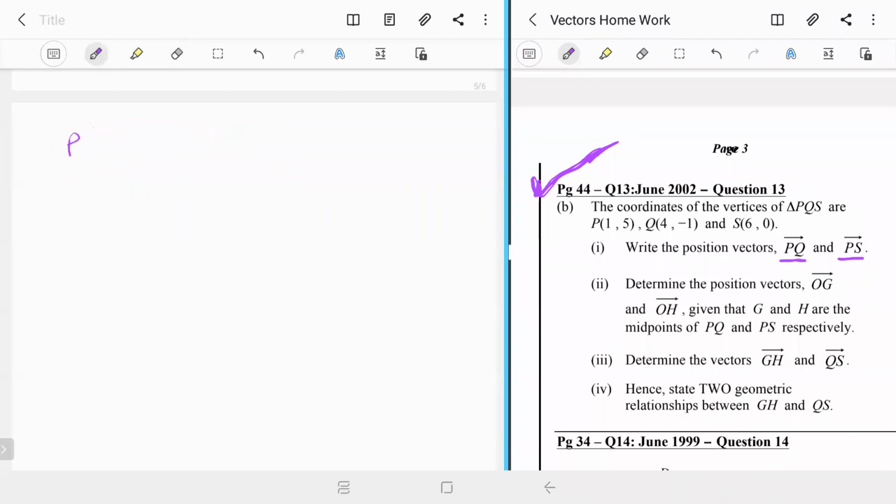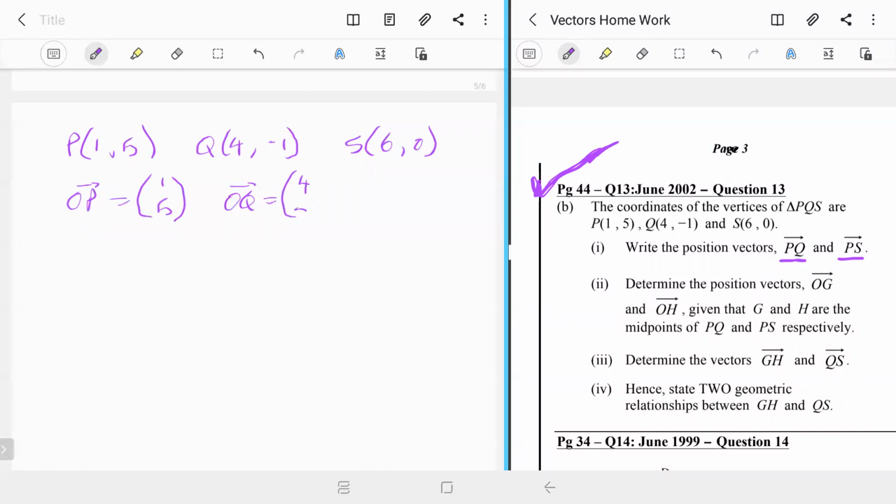They gave us a point P, 1, 5, a point Q, which is 4, -1, and a point S, which is 6, 0. So the vector OP has these same values, 1, 5. The vector OQ has the same values, 4, -1, and the vector OS has the same values, 6, 0. Those are your 3 vectors.